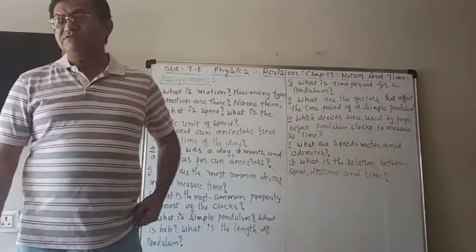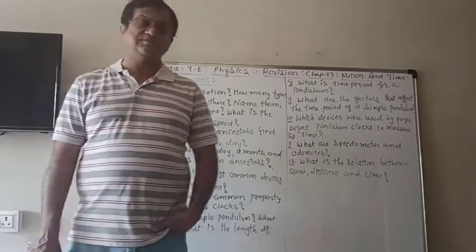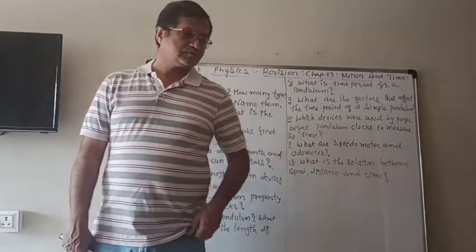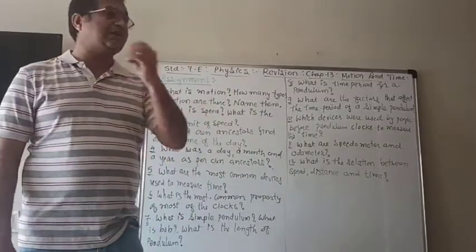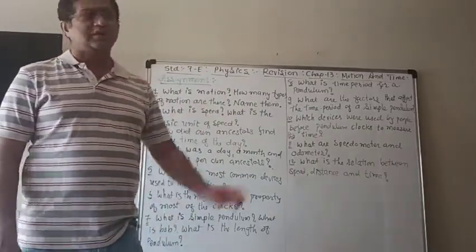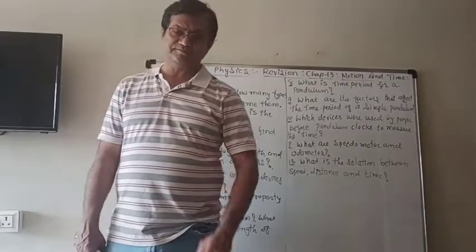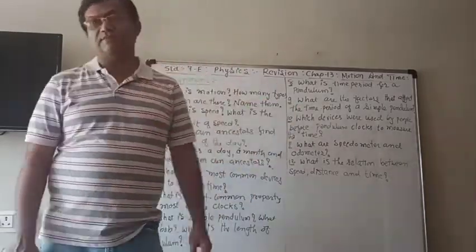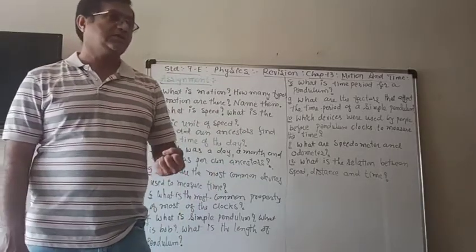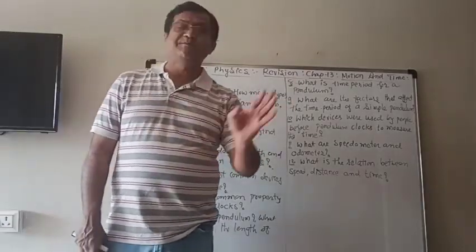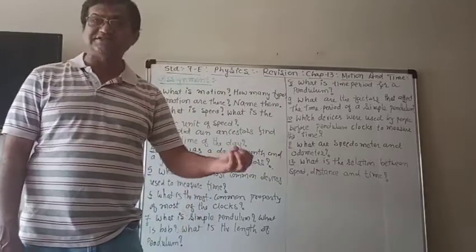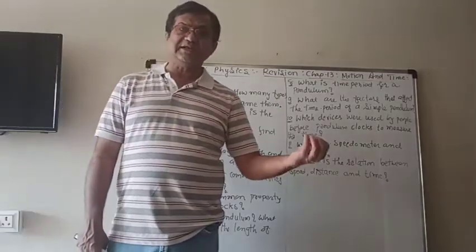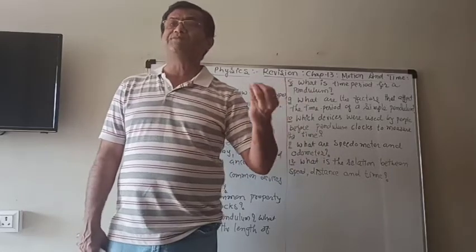Now we learn the different types of motions, like linear motion, that is in the straight line, then circular motion, then the periodic motion, oscillatory motion, etc. Those are the different types of motion.